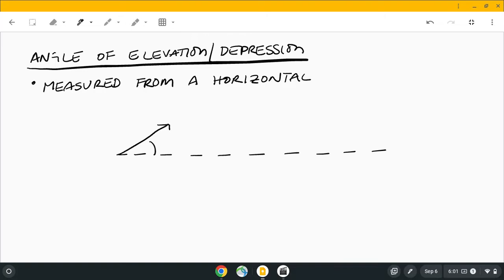Because we're measuring this way. And so this angle measurement here would be our angle of elevation. If we are measuring an angle that is downward from this horizontal, so like this, then this one here is our angle of depression.